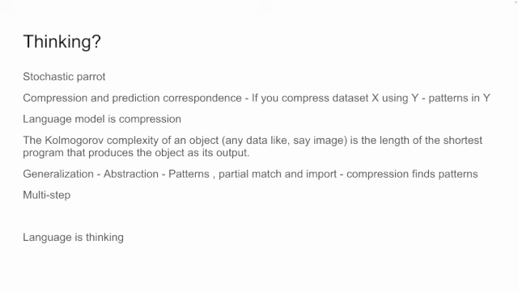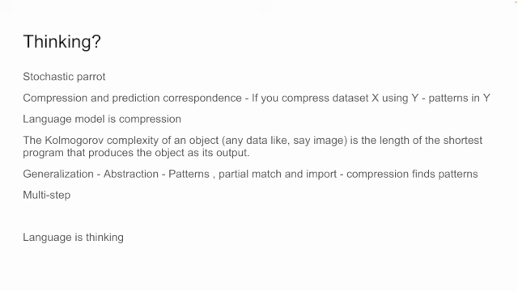An idea about compression is Kolmogorov complexity, which for an object, say you have an image, you want to get to the shortest program that can produce that object as an output. So if you are able to take 20 MB of image and produce it using 10 lines of code, then you have achieved the best compression, and that's the Kolmogorov complexity.